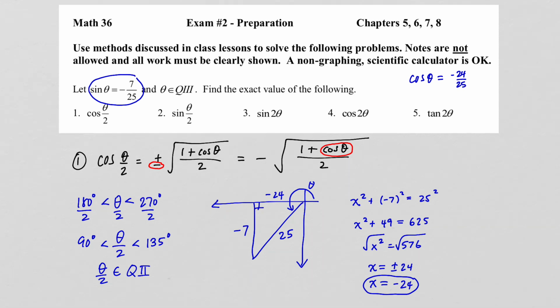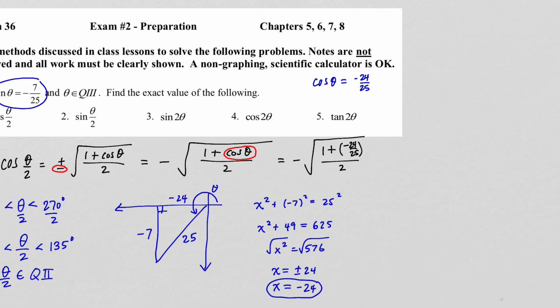So now to finish this problem, this is going to equal negative square root of 1 plus cosine of theta, which is -24/25, all divided by 2. Do the math here: 1 plus -24/25 is 1/25, and that's divided by 2.